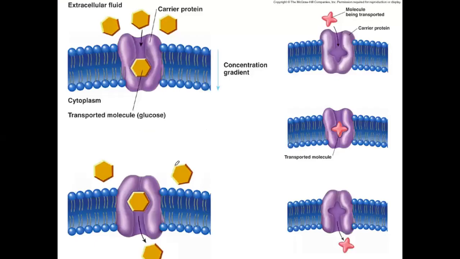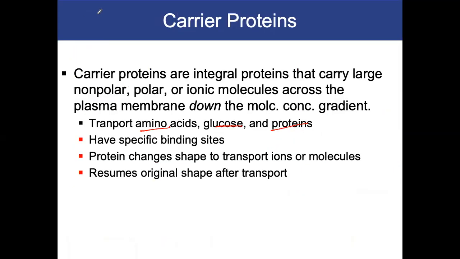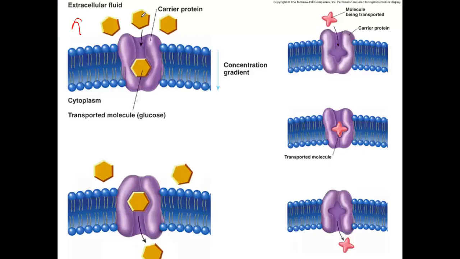Okay, so on the left-hand side, this would be glucose. So glucose is going to bind to the carrier protein, and then the carrier protein is going to kick it out on the other side. Notice we're not using ATP, so this is passive. You're still going from high glucose to low glucose, right?